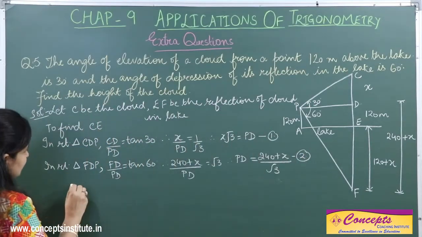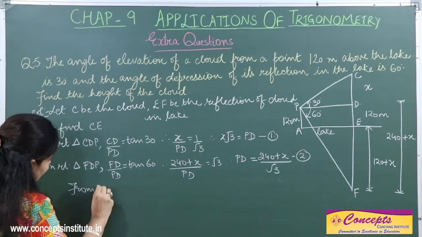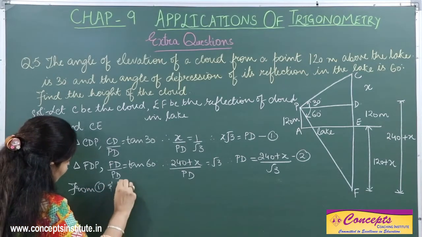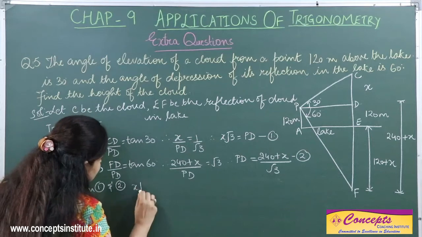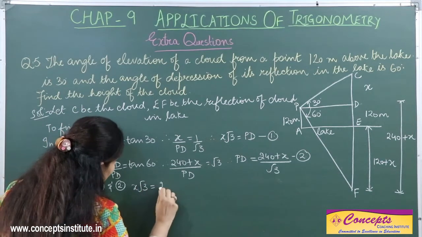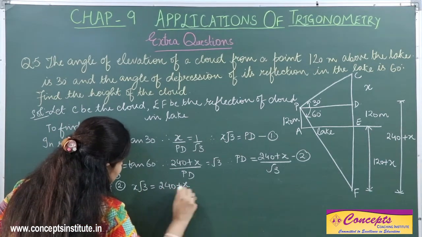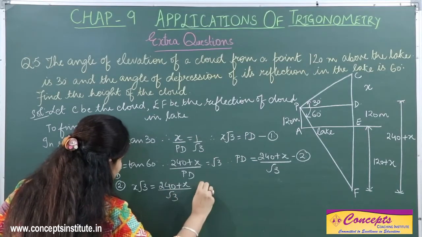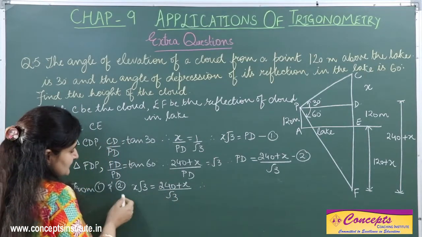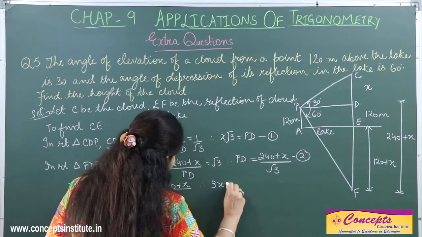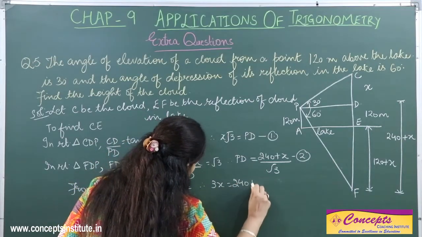So from 1 and 2, what do we get? We get x root 3 is equal to 240 plus x upon root 3. So therefore, root 3 when cross multiplied will become 3x. So 3x equals 240 plus x.